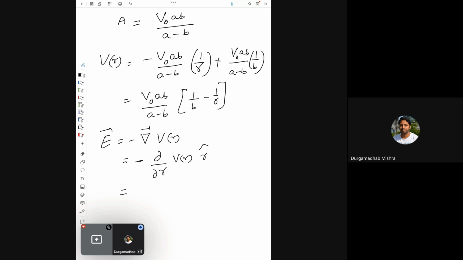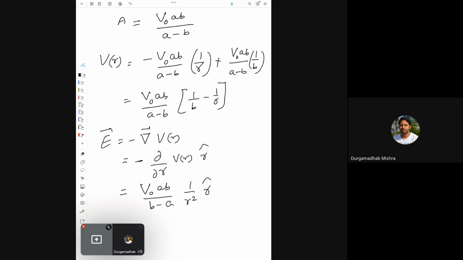So only the 1 over R dependence will be there. And by simplifying, I'll just write down the final expression, which is V naught a b over a minus b times 1 over R square into R cap. Okay. So potential we found, electric field we found.